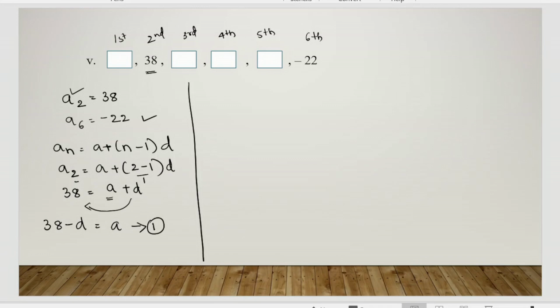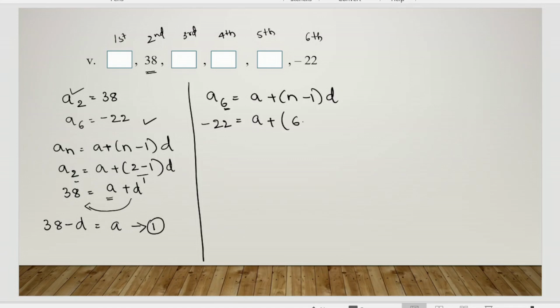Now using A6, we will solve the problem. A6 is equal to a plus (n minus 1) d. We know A6, which is minus 22. N will be 6 here.